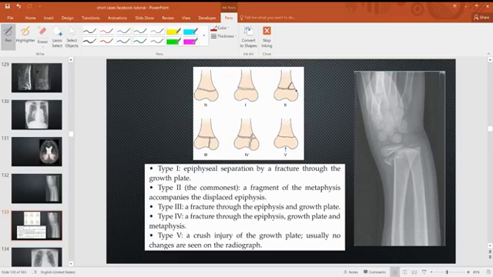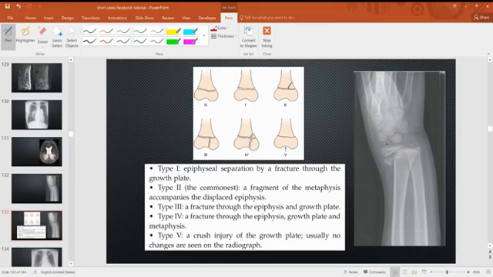You have the epiphyseal plate injury with some displacement of the epiphysis, and we have the metaphysis injury, and this is a classic type 2. Okay, this is type 2 Salter-Harris.